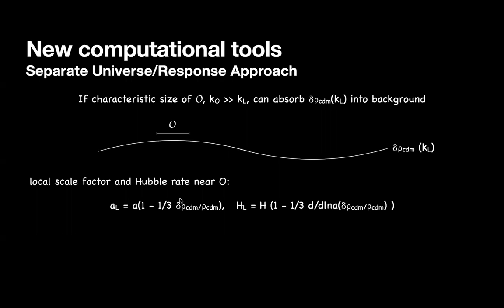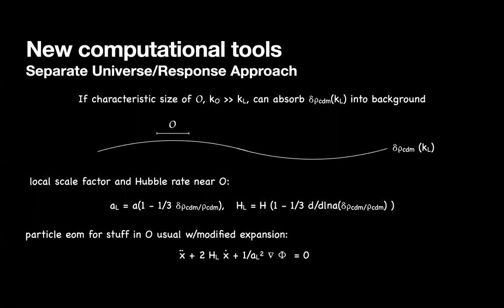And this works, I'll repeat this again, for observables of characteristic size small compared to the fluctuations that we're interested in, which is anyway the regime where we think that we have more robust predictions, where we separate scales from nonlinear stuff, small scales, to linear large scale physics, and cases where I'm only interested in the isotropic response of this observable. So this would be the linear bias factors that Elizabeth mentioned.